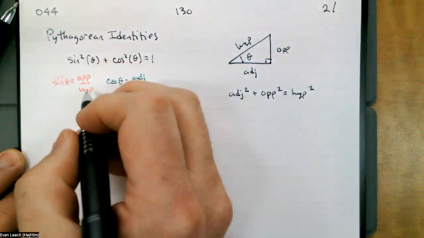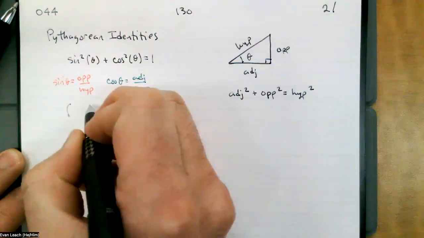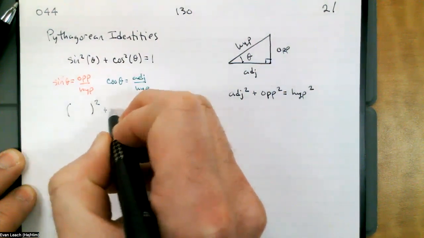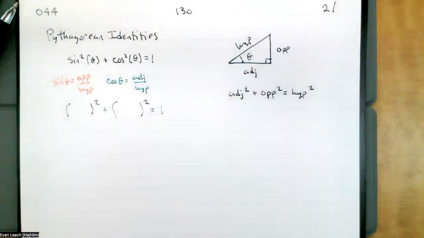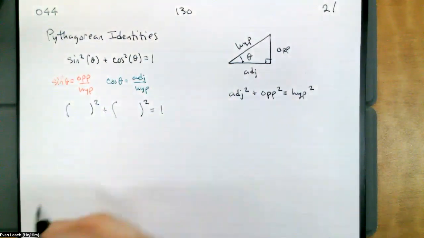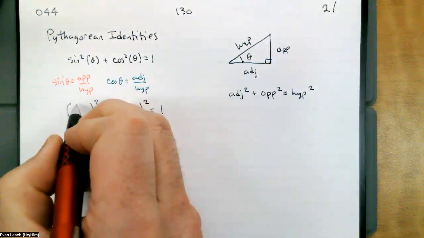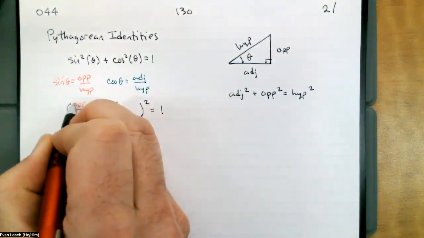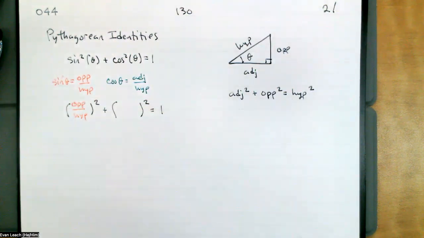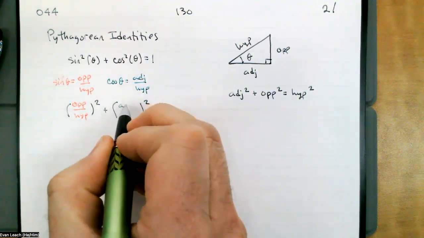But sine squared theta means we take the sine of theta and square it. The sine of theta is the opposite over hypotenuse. And cosine of theta is adjacent over hypotenuse.